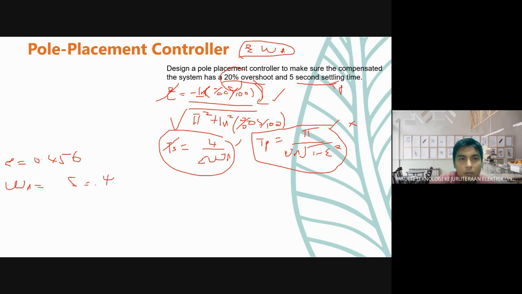So 4 divided by 0.456 multiplied by the omega n. Now you can get your omega n equal to, I will also calculate, 0.456 multiplied by 5, then 4 divided by answer. What is the answer again for the omega n?